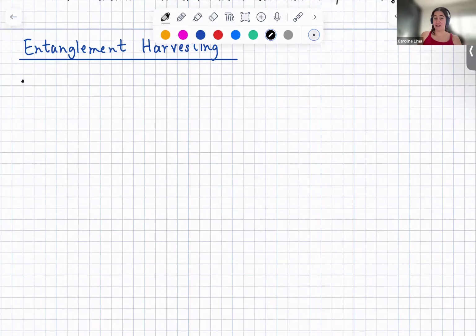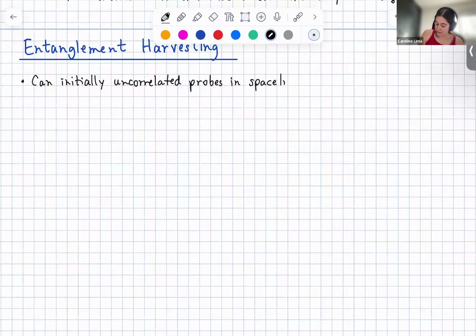So the question that we want to address here is the following. Can initially uncorrelated probes that are in space-like separated regions of the space-time become correlated?